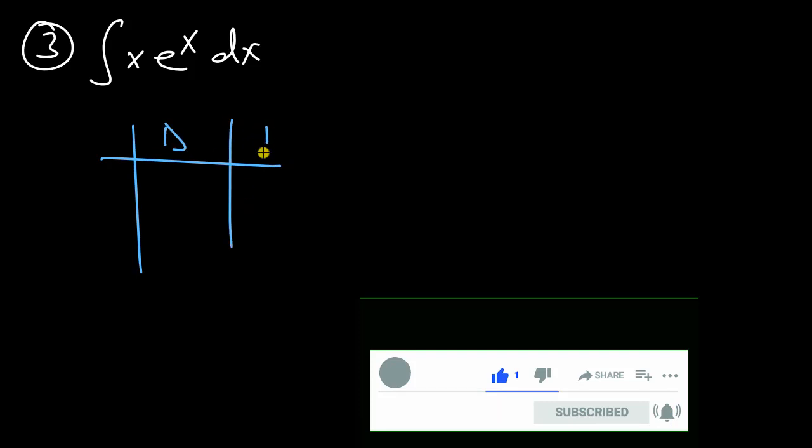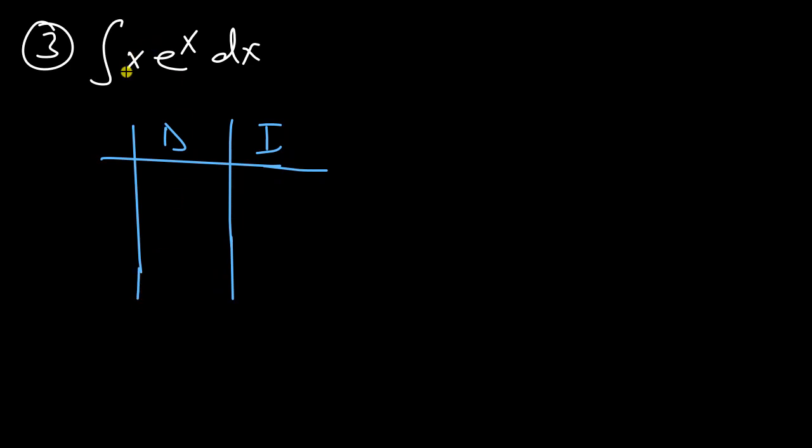Using the DI method, I draw a table. I put D on one column, I on the other column. You can already see that x is easier to differentiate up to 0. So I write x in the D column. Let's differentiate x, we get a 1. If we differentiate 1, we get 0.